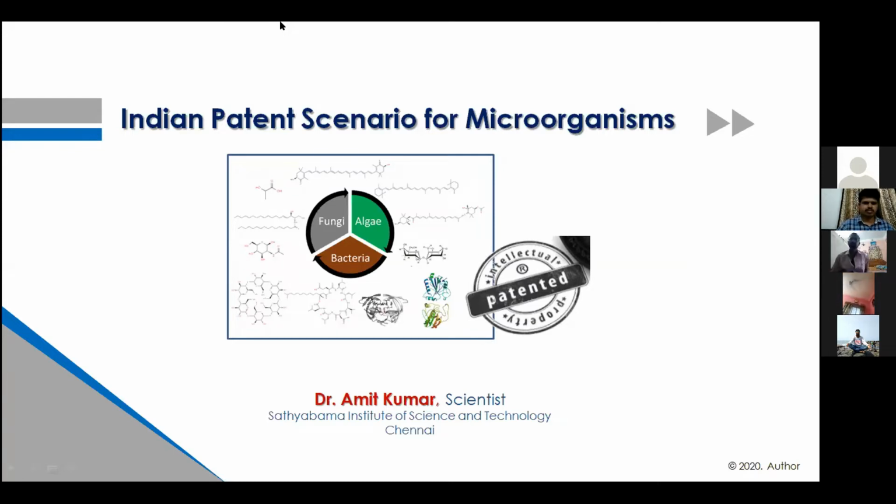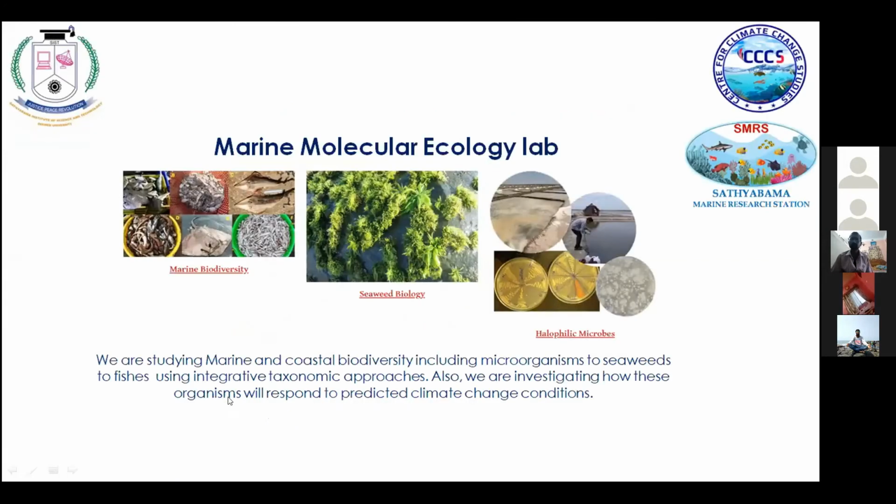Before going into the topic, I will just give a brief overview. Along with Prakash, we have the Marine Molecular Ecology Laboratory in the Center for Climate Change Studies and Sathyabama Marine Research Station in Sathyabama Institute of Science and Technology, Chennai.